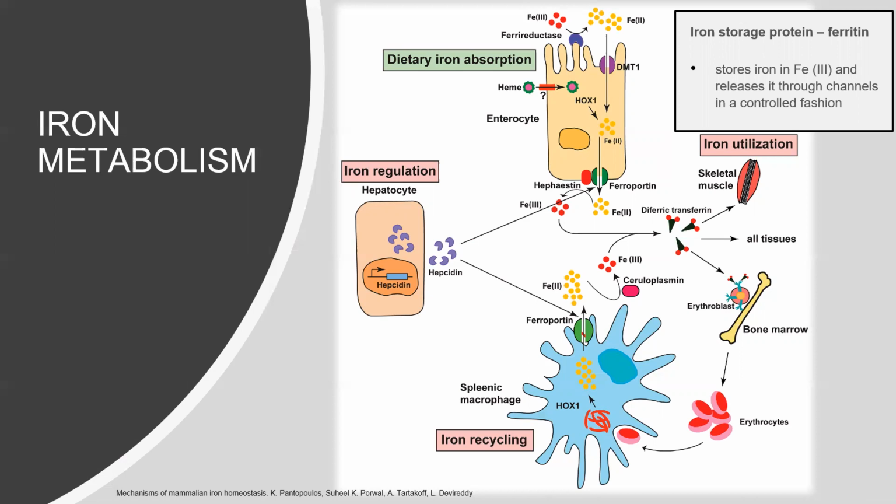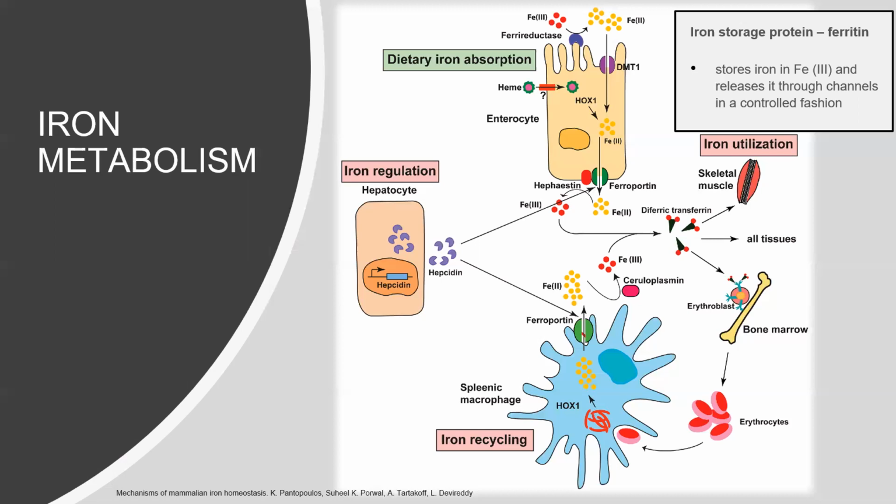In plasma, ferric iron binds with a specific iron-binding protein called transferrin. So, the transport form of iron is transferrin, right? It is a glycoprotein synthesized in the liver.